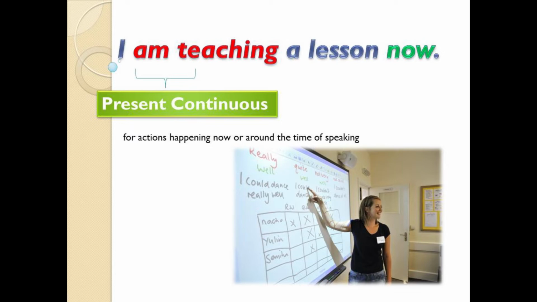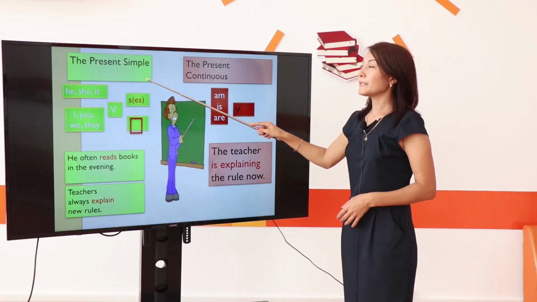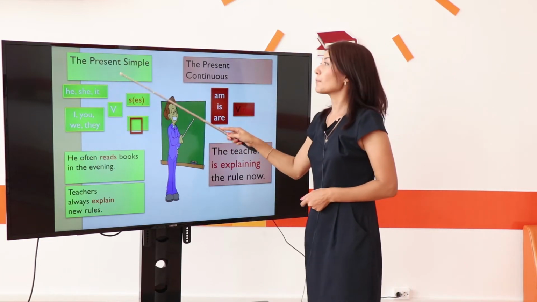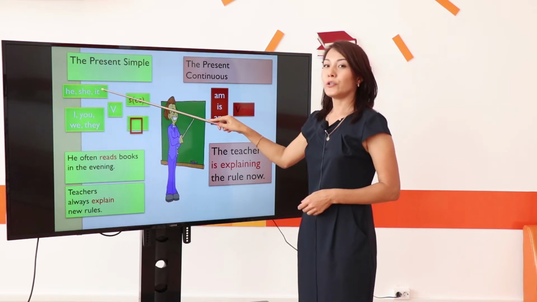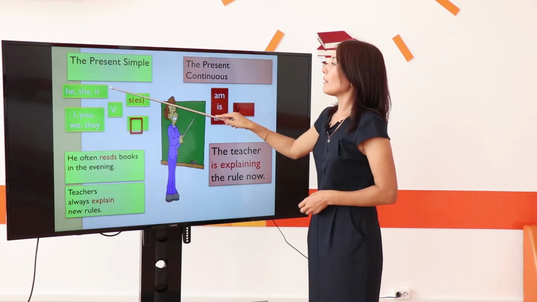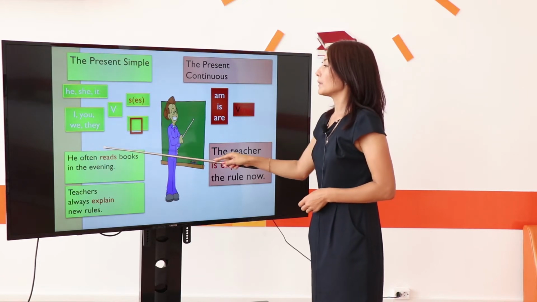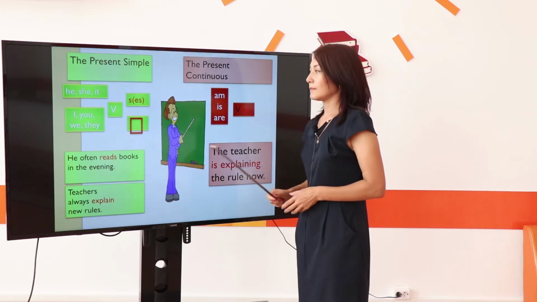Now let's look through its forms. How do we form them? Please, these are forms. How do we form present simple and how do we form present continuous? First, to form present simple, if we use the pronouns he, she, it, the third person, we use the verb with the ending s. For example, he often reads books in the evening.